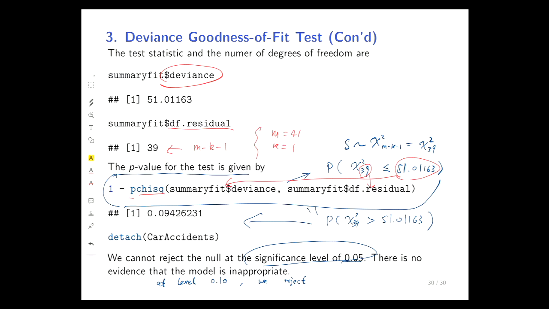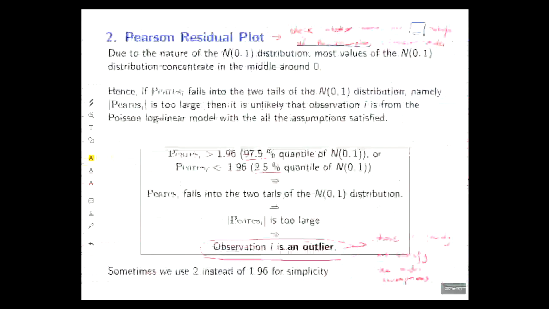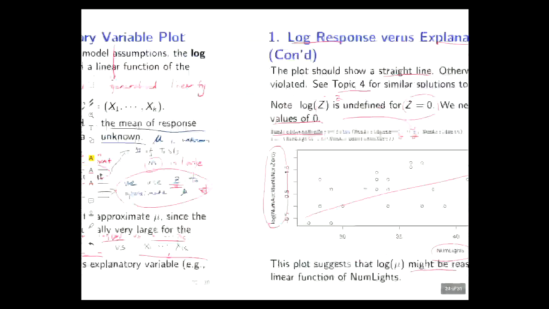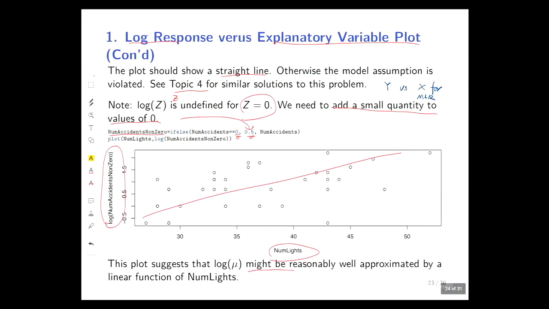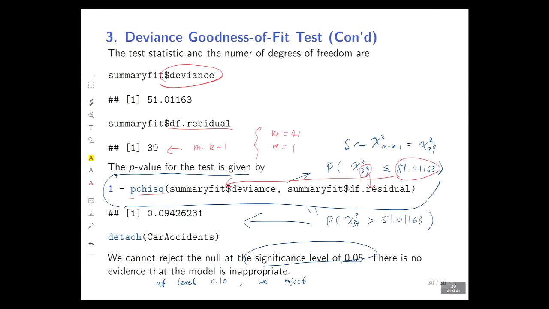This kind of very vague conclusion also confirms the result, if you still remember, in here. So in this plot, it's really hard for us to determine whether or not the assumptions are satisfied, right? And also, if we look at the test result, we also have a very vague cannot-reject result here.